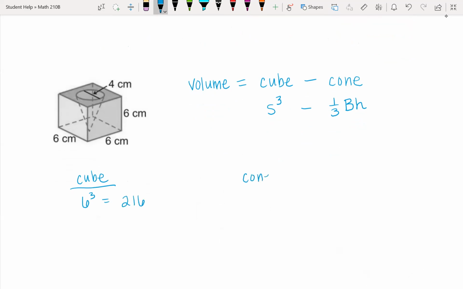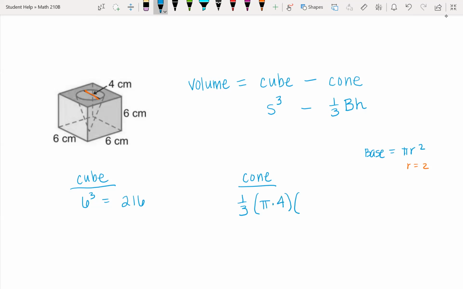The volume of the cone is 1/3. The base is a circle, right? It's pi r squared. And the radius is going to be 2 because they're showing us that the diameter here is 4. So for the base shape, we'll have pi times 2 squared, which is 4.